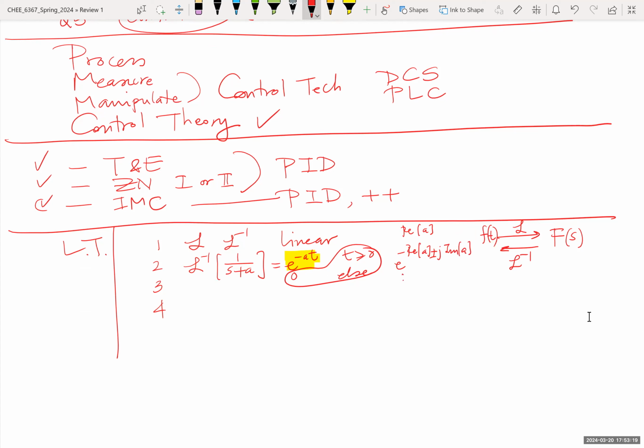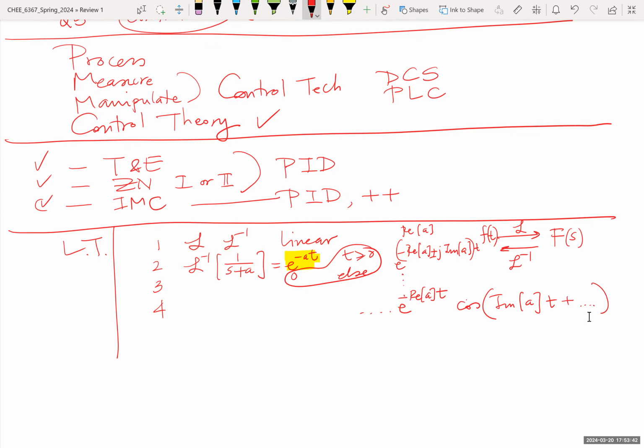And at the end of the day, you're going to have e to the minus the real part of a times t, and then something here times the cosine or the sine of the imaginary part of a times t plus something.